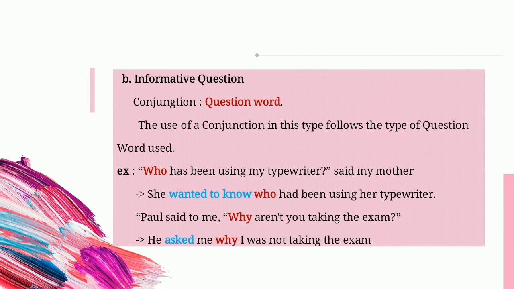In an indirect sentence it became, she wanted to know who had been using her typewriter. So the conclusion is the conjunction follows the type of question word used. In this example, the question word used is who. Then the conjunction is who.